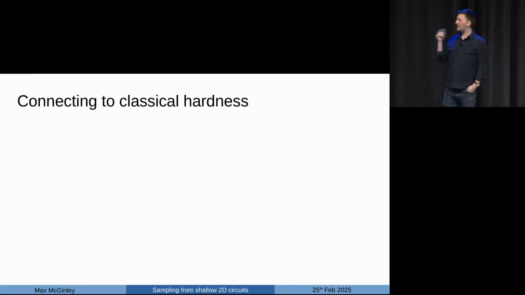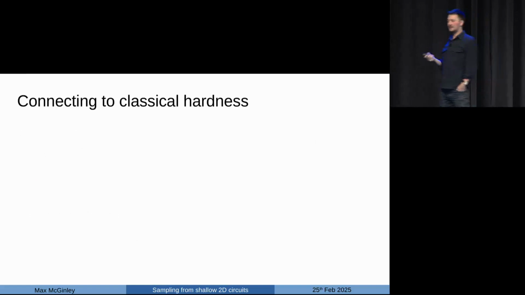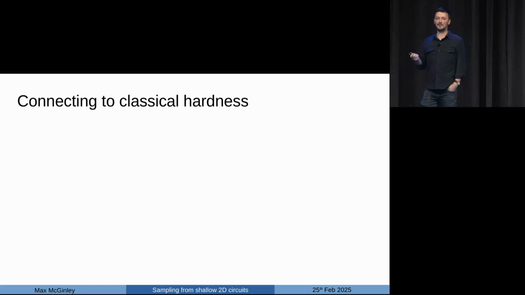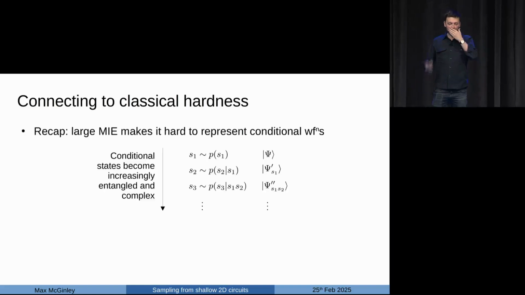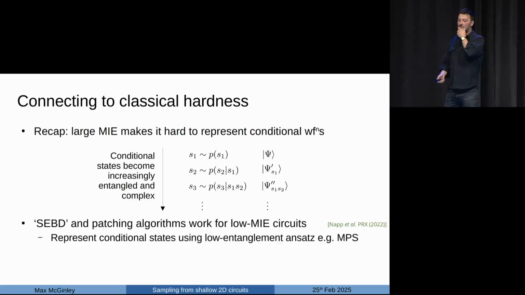Okay, at the very end, I would just like to connect back to the original question, which is how hard is it to simulate sampling from these circuits? So just to recap why we thought about this measurement-induced entanglement problem, the idea was that as we measure more and more qubits, we generate more and more complex and entangled states.